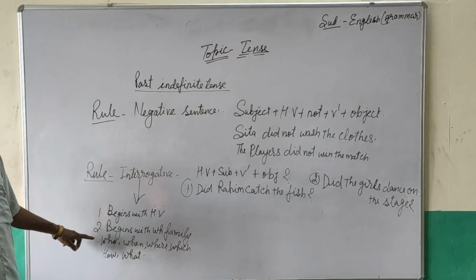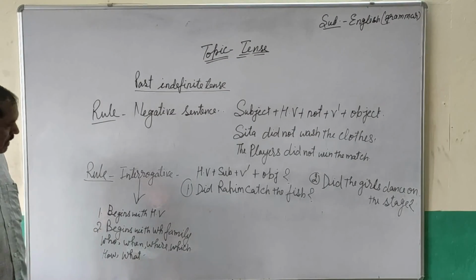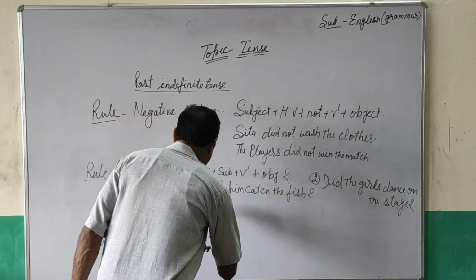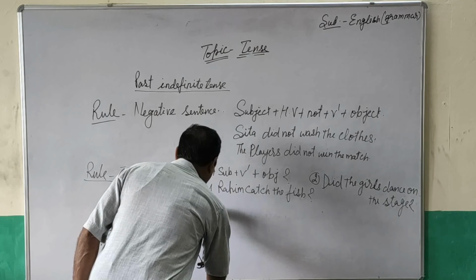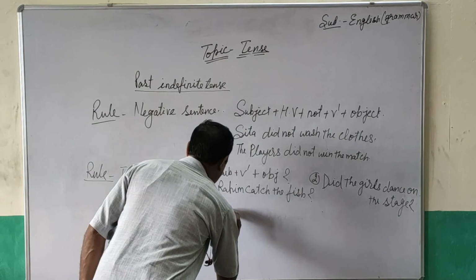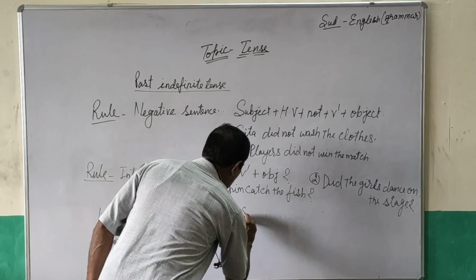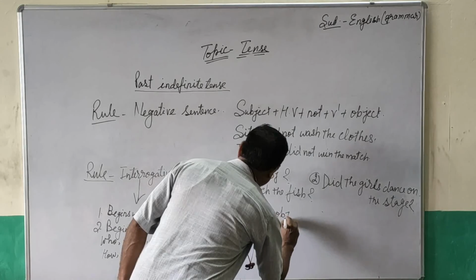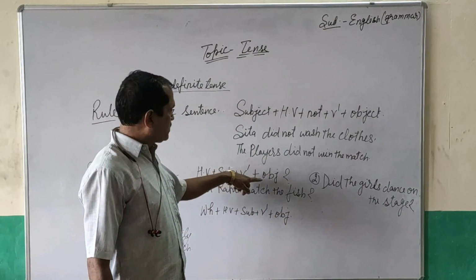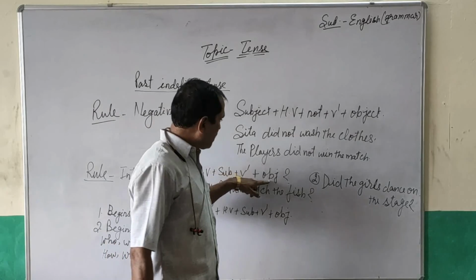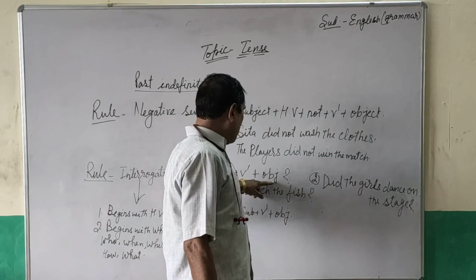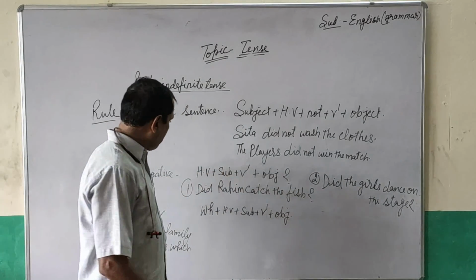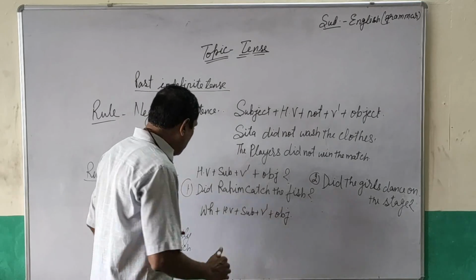Now, we take the example that begins with the WH family. The rule: WH family plus helping verb plus subject plus first form of the verb plus object. Short form of the subject, SUB, short form of the object, OBJ, short form of the verb, V, helping verb, HV.